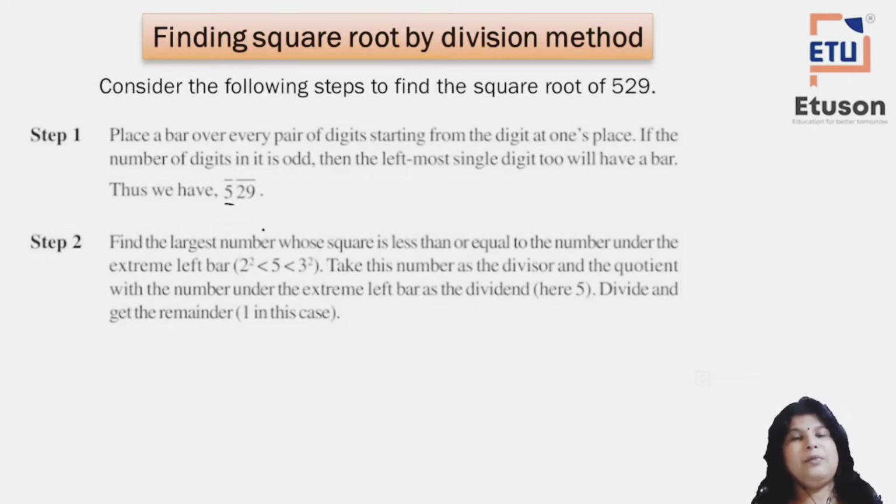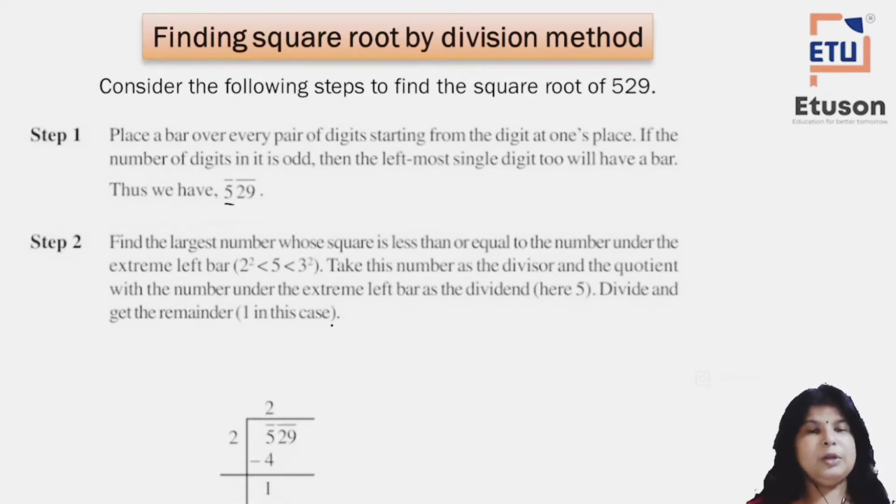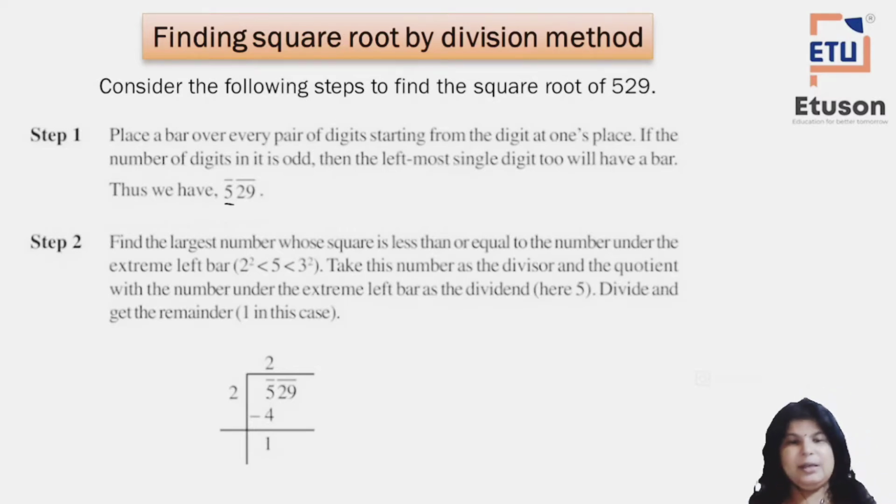You can find out 2 square is equal to 4, which is less than 5. Right? So take this number as the divisor and the quotient, with the number under the extreme left bar as the dividend, which will be equal to 5. Divide and get the remainder, that will be equal to 1 in this case.